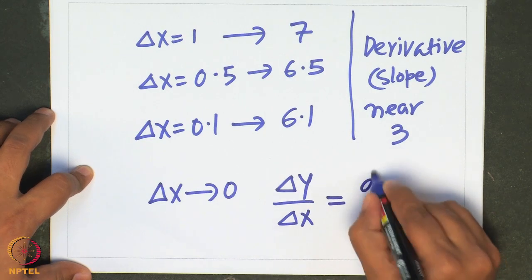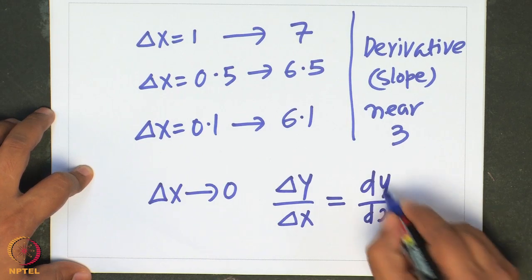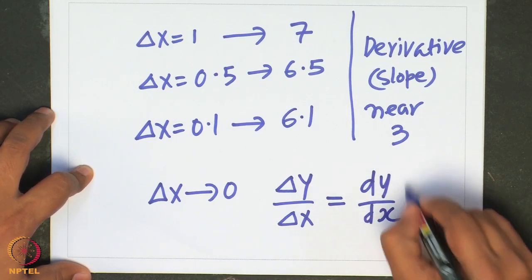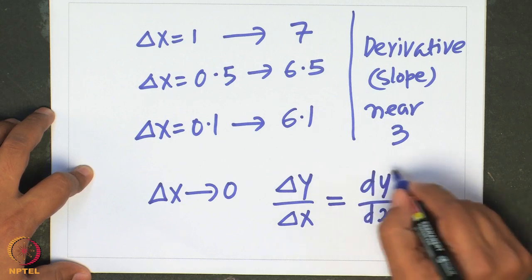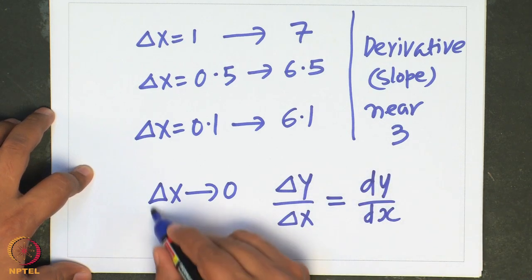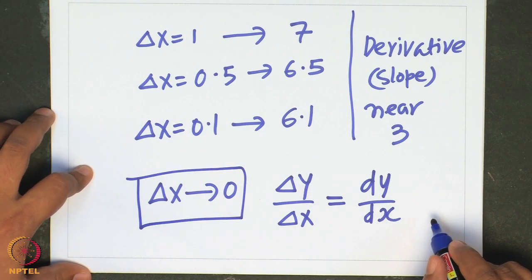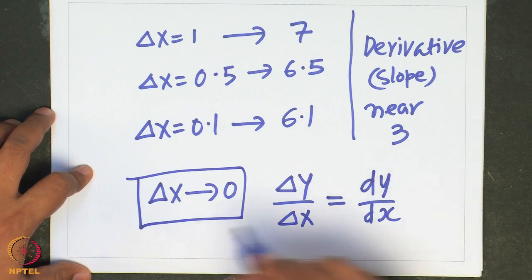This is called dy by dx. So dy by dx, that is calculating the derivative of a continuous function y, will be calculating delta y by delta x by taking the smallest delta x, which is delta x tending to 0.